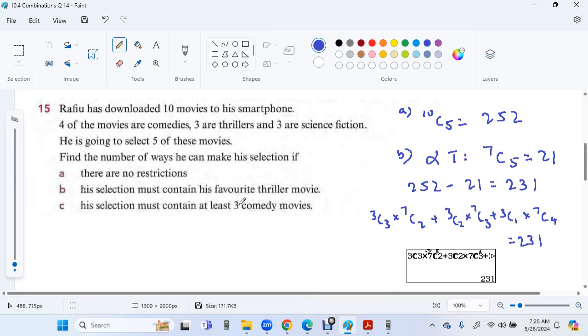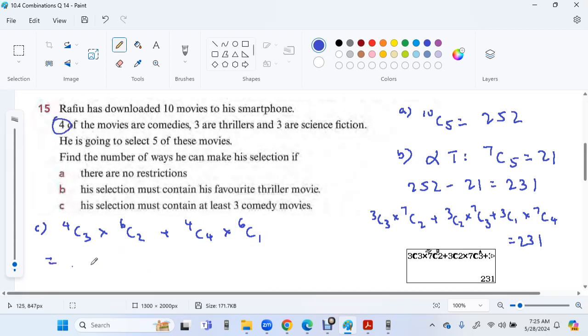At least 3 comedy movies. So for 3 comedy movies, we can have out of 4 choose 3, and then the other 6 choose 2. Then out of 4 choose 4, and then the other 6 choose 1. So maximum 4 only.